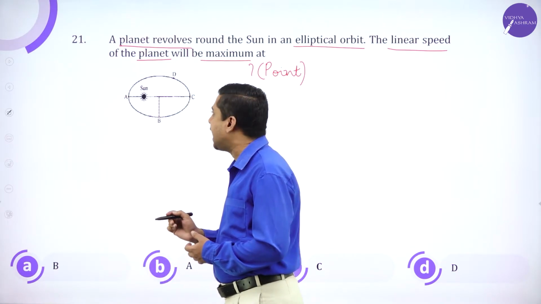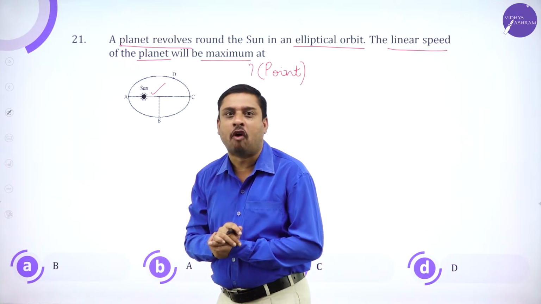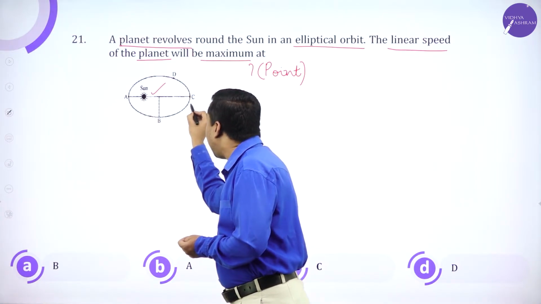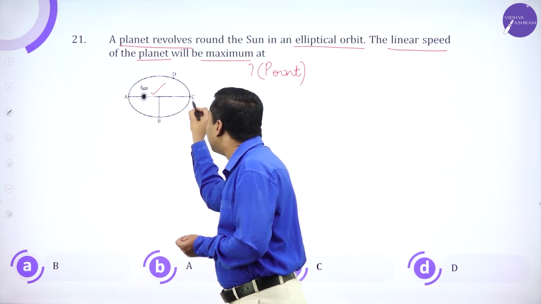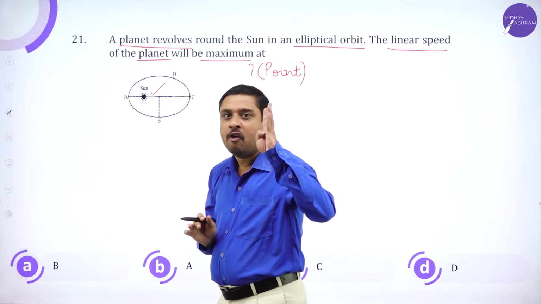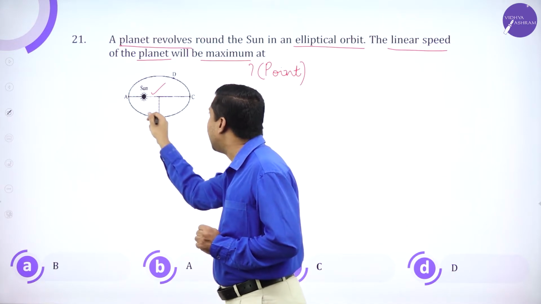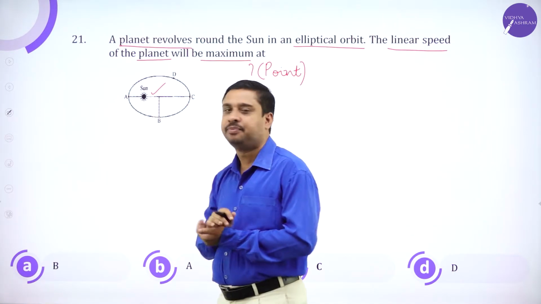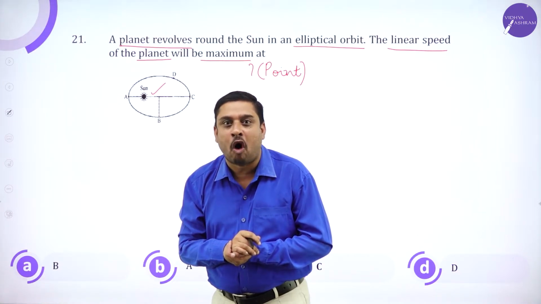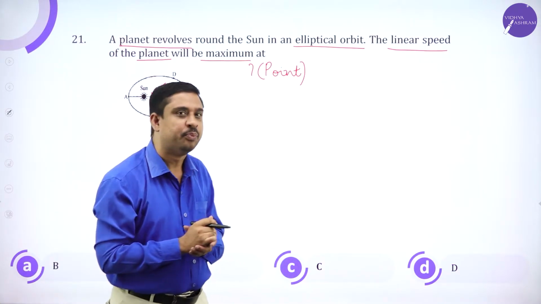So the problem says, this is the position of the sun and the planet is revolving in an elliptical orbit. 4 points on the orbit are given, A, B, C, D. I have to analyze at which point linear speed is maximum.